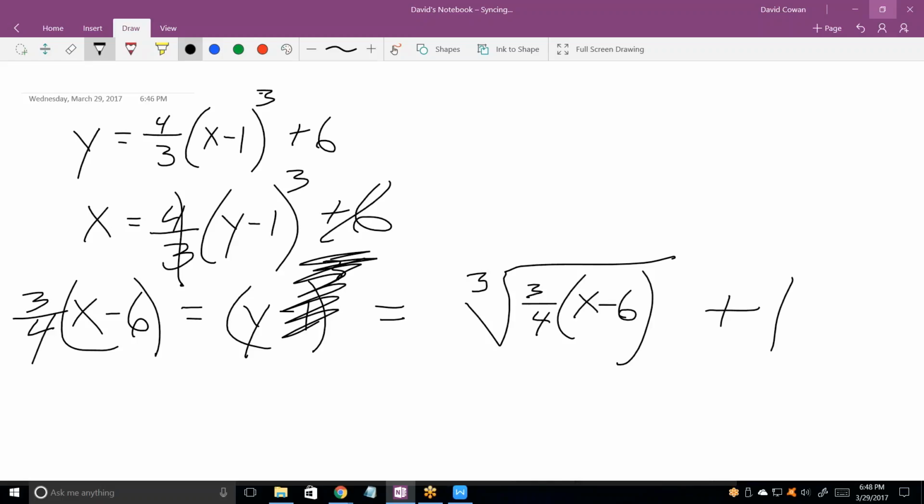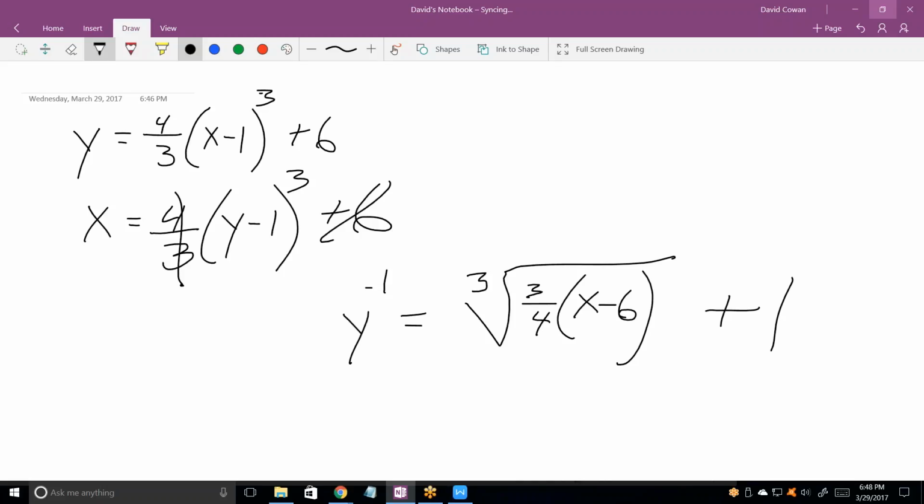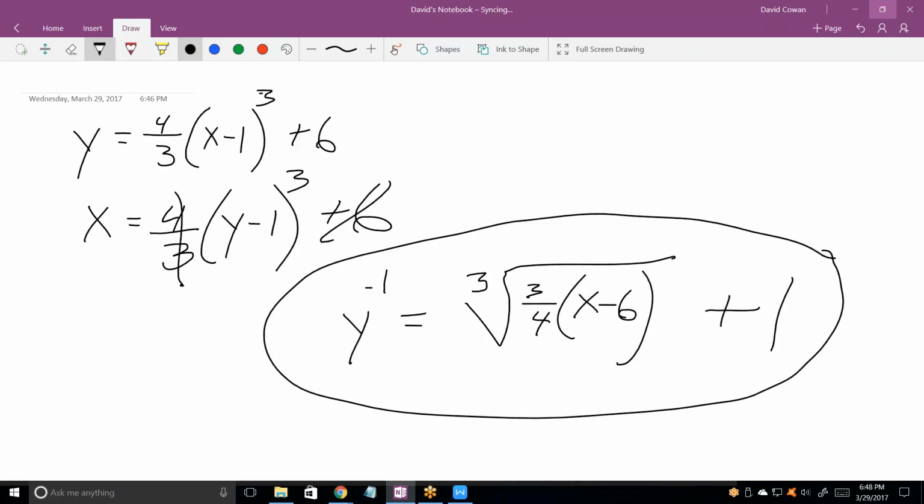And I suppose it's not really correct to call this y. It's not the same as this y. It's y inverse. That's really the way to write it. When you've switched variables and you solve for y, you're really solving for y inverse.